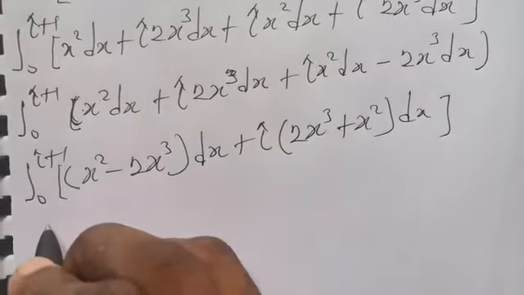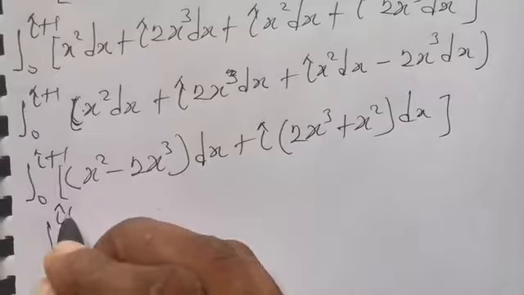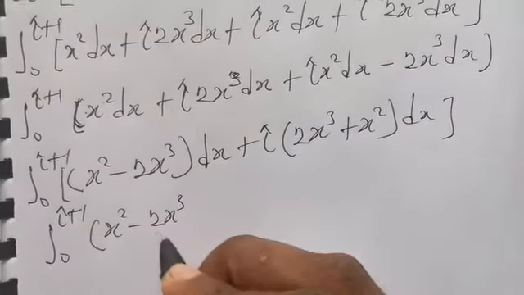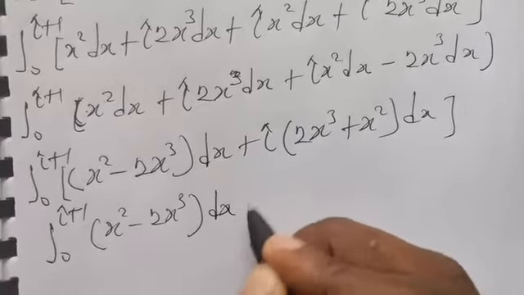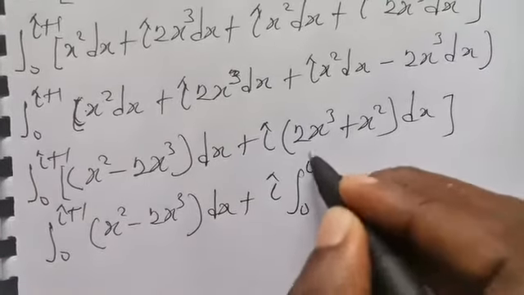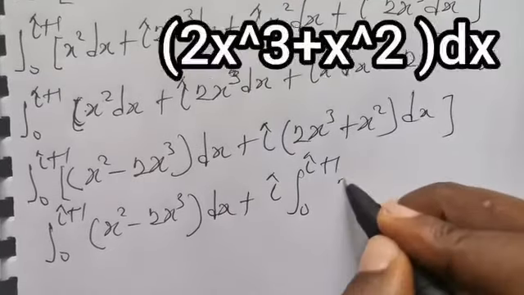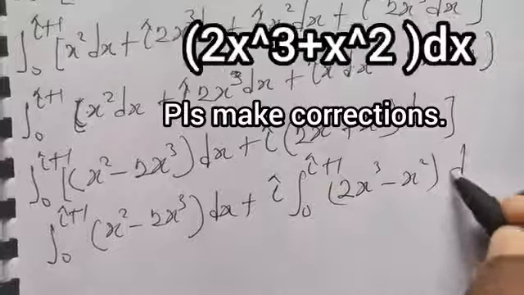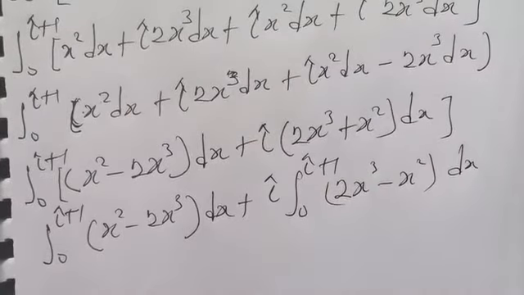This becomes the integral from 0 to i plus 1 of x squared minus 2x cubed dx, plus i times the integral from 0 to i plus 1 of 2x cubed minus x squared dx. So let's integrate now.